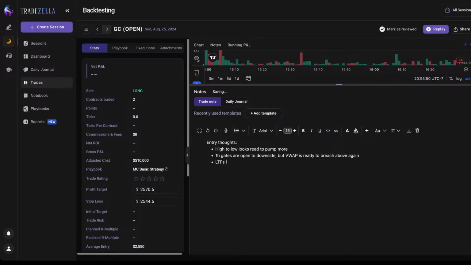Lower time frames look prime for a pump. 5-minute, we like the 5 for an entry. The 3-minute, the 4-minute show similar readiness. 1 minute isn't ideal, but we are entering anyways.